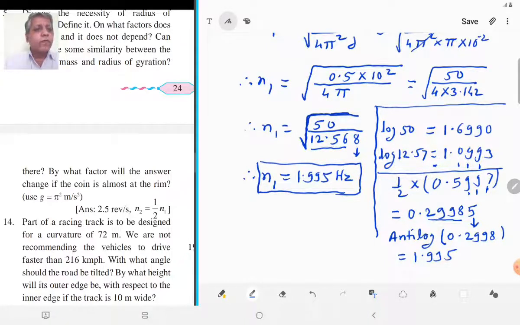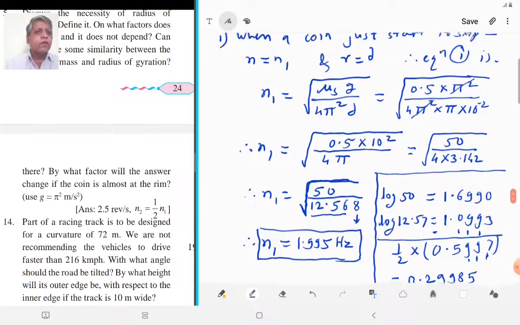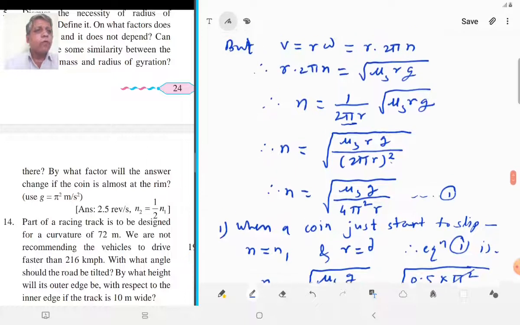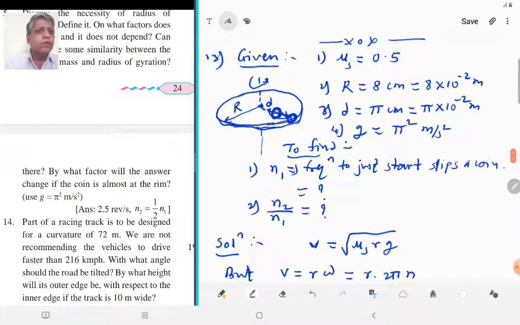Second point: to find out what is the frequency when the coin moves from its initial position to the rim.